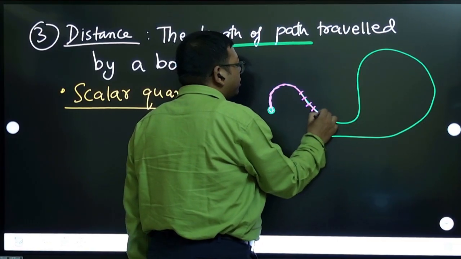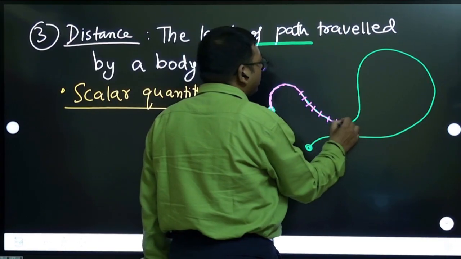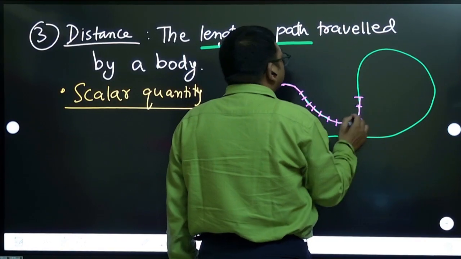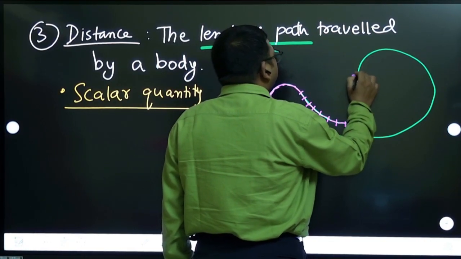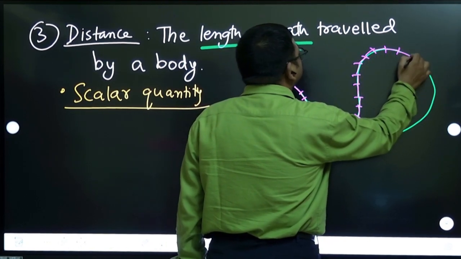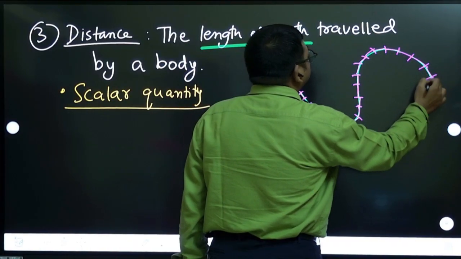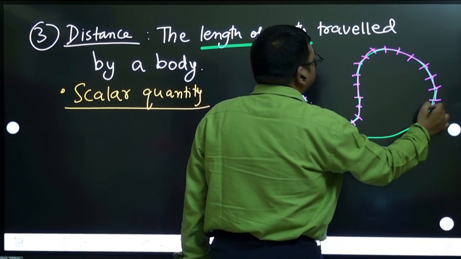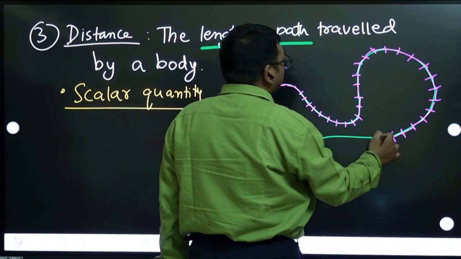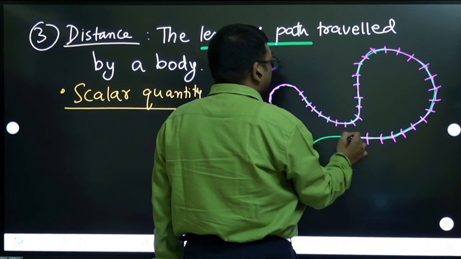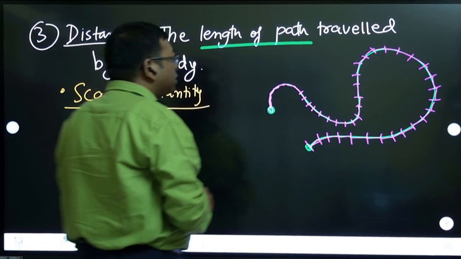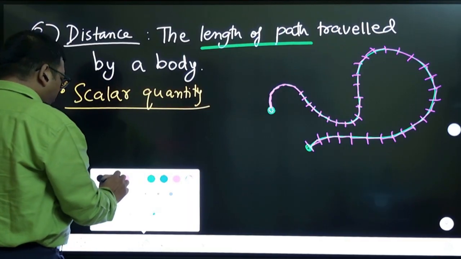You can divide it into small lengths, right? So then you need to keep on adding all these small lengths, and then it will give us the total distance. I'm just cutting it into small parts. Then measure.